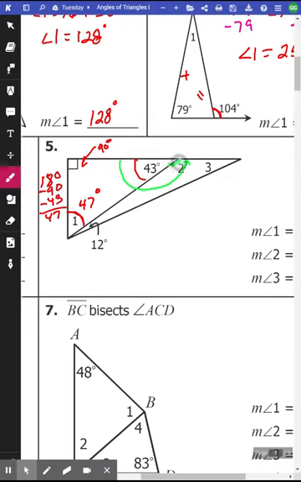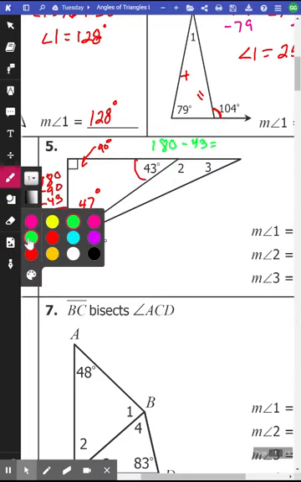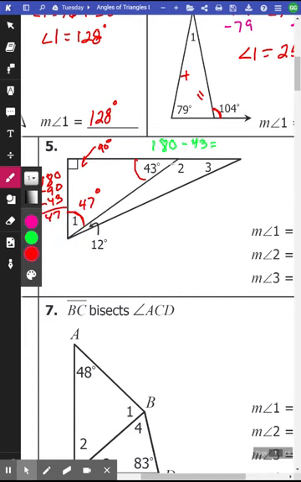So if I want to know angle 2, I can do one of two things. I can use the exterior angle theorem, or I can simply do 180 minus 43. So this angle right here is equal to 137.